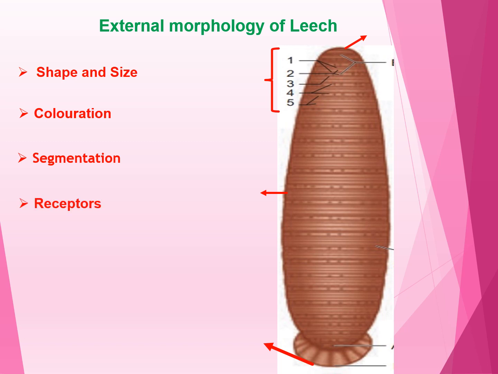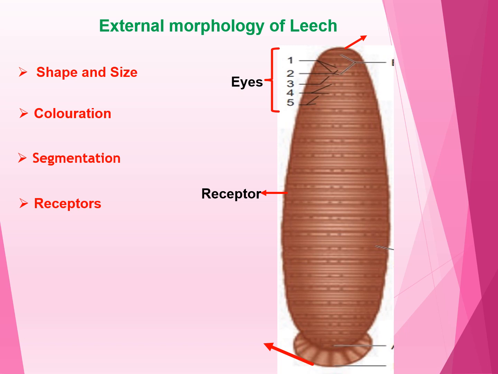Next, receptors. On the dorsal side there are 5 pairs of eyes on the first 5 segments. Then, of the body's 33 segments, each segment has sensory receptors, called annular receptors. The first 5 segments have 5 pairs of eyes. Each segment has annular receptors located on each annulus or ring-like structure.